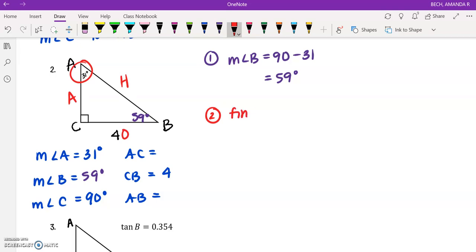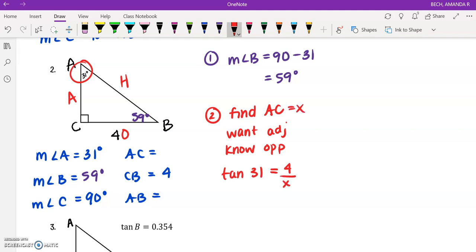If we want to find AC first, AC is the adjacent side, and we know the opposite. That means use tangent, TOA, the opposite over adjacent. So the tangent of 31 is equal to 4 over, we'll call this x, the length of AC, the adjacent side. Cross multiply.